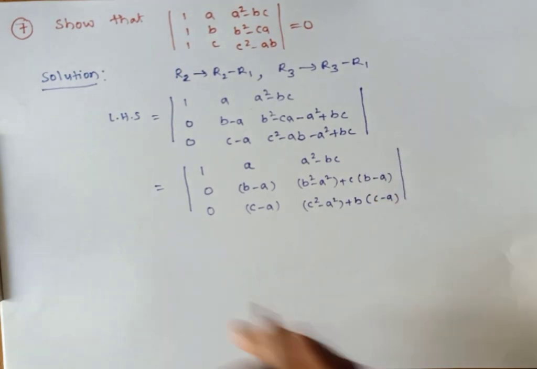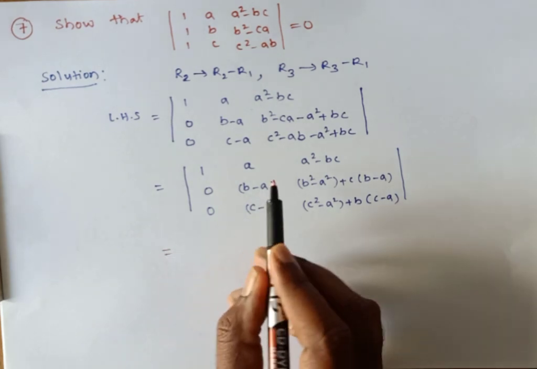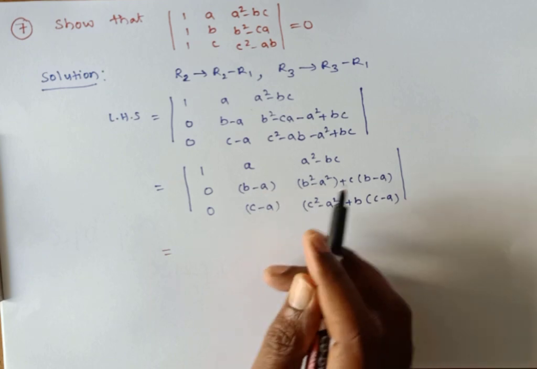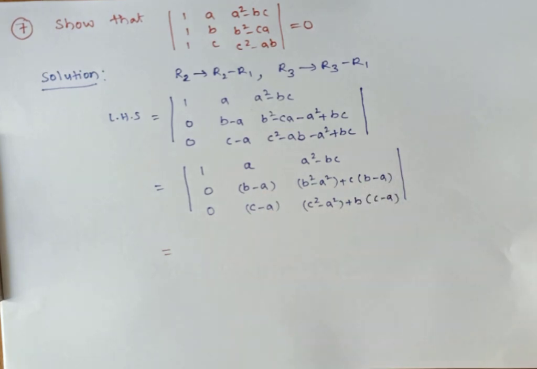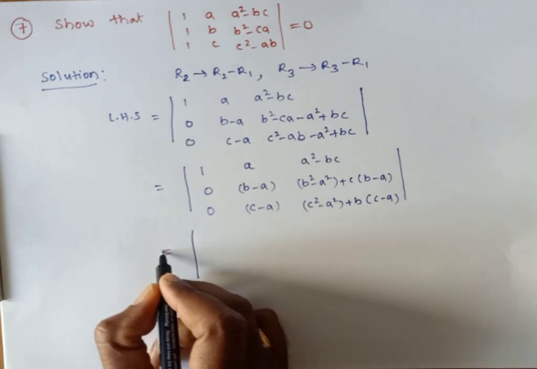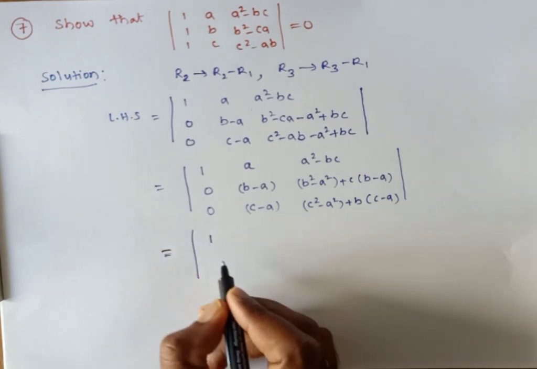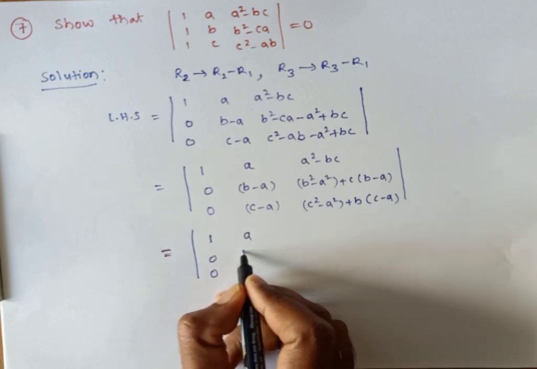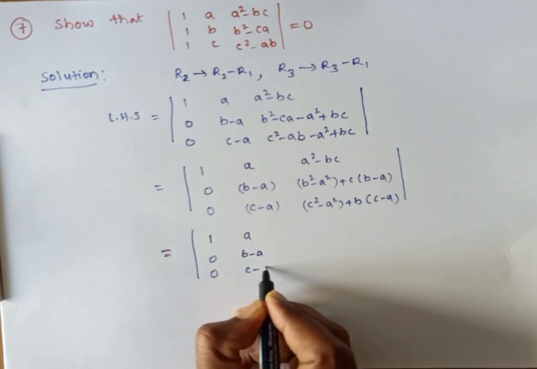Now observe the second row that contains b minus a. Here we can take b minus a common, so 1 0 0, here a, b minus a, c minus a.